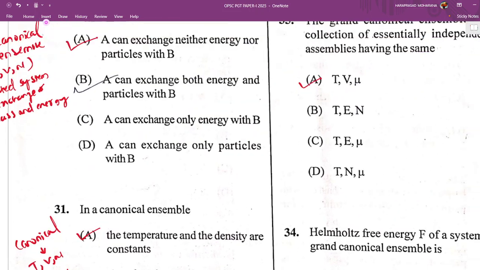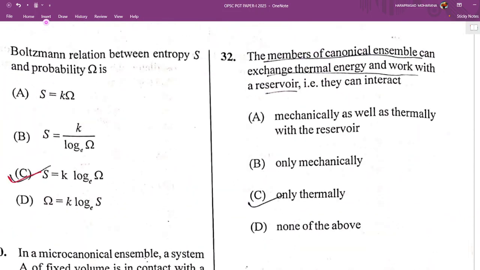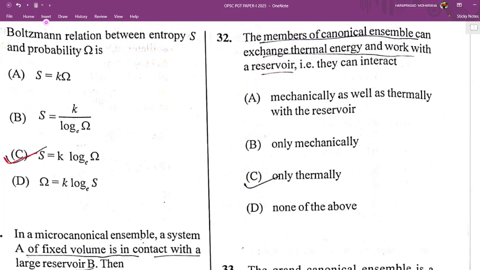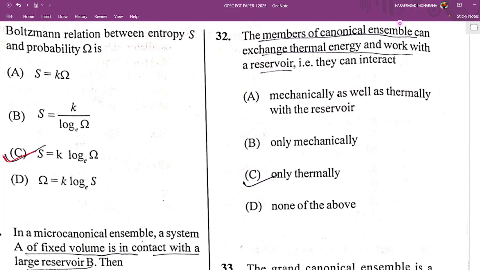Okay, for today, let's solve one more question here. The members of a canonical ensemble can exchange thermal energy and work with a reservoir. That is, they can interact only thermally, or only mechanically, as well as thermally with the reservoir, or none of the above. In a canonical ensemble, only energy is exchanged. Energy exchange means we can exchange the mechanical work done.